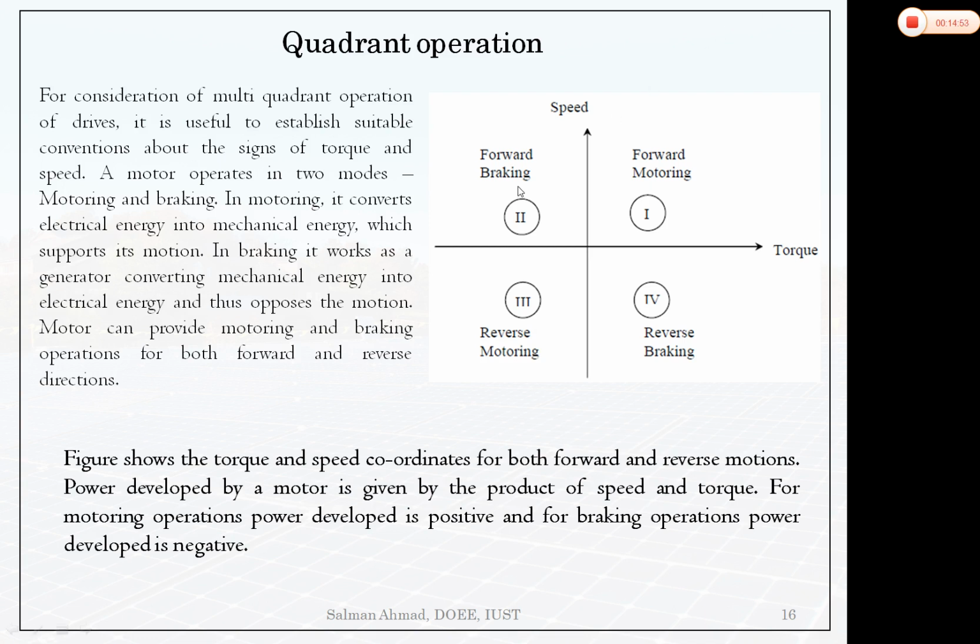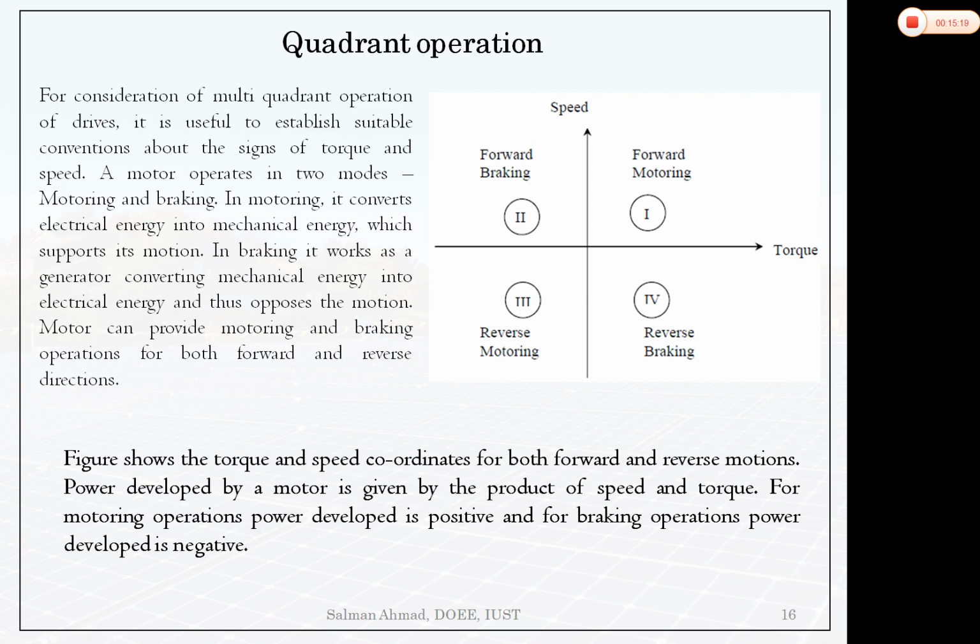Now in the second quadrant, the speed is positive but torque is negative. I'm talking about the motor torque. Here motor torque is negative, speed is positive, so the product will be negative. That's why we call it braking operation. That means the speed will decrease, since torque is in the opposite direction to the speed.